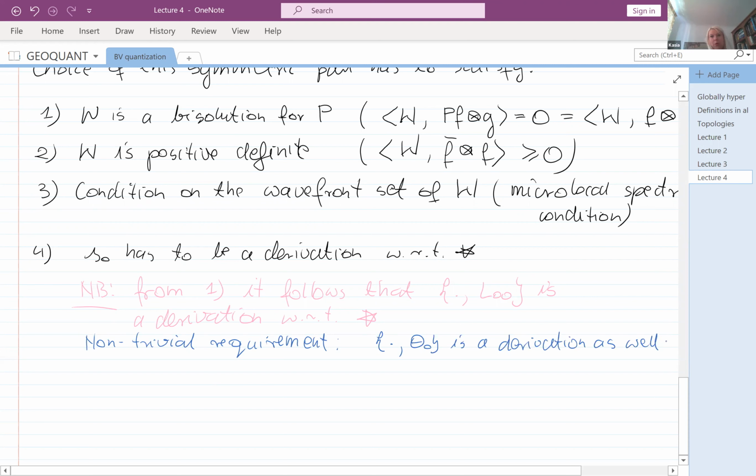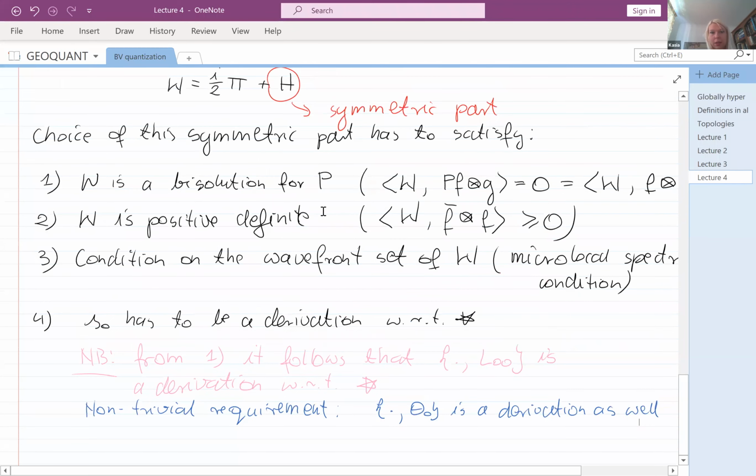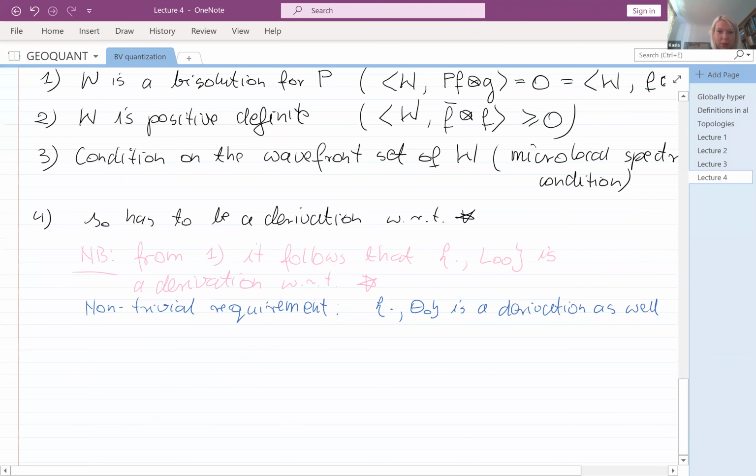And this can be formulated as a condition for this integral kernel, a slightly messy condition for W.